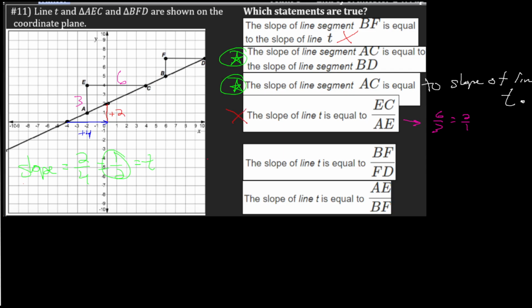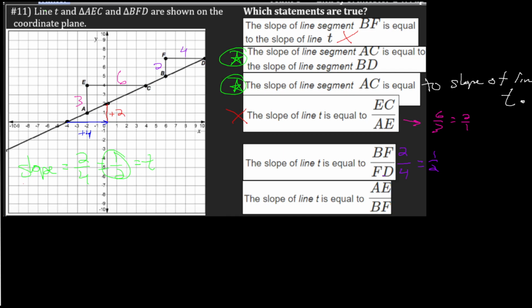For the fifth one, it says the slope of line T is equal to BF over FD. So let's say BF, let's do purple now. BF is 2, and FD is 4. So this actually works out because it's equal to 1/2.